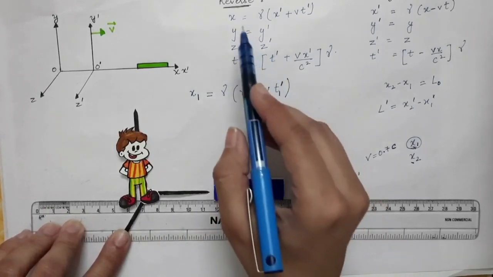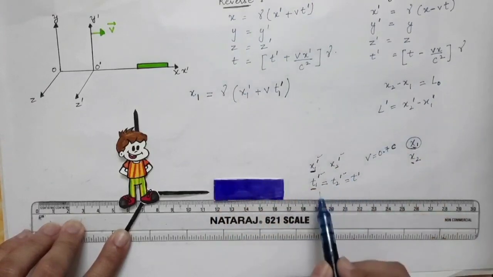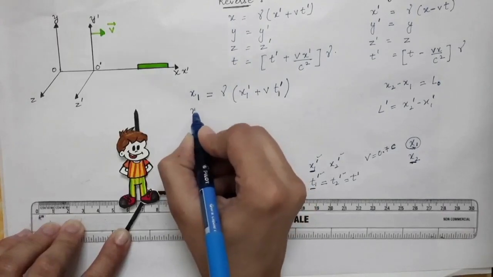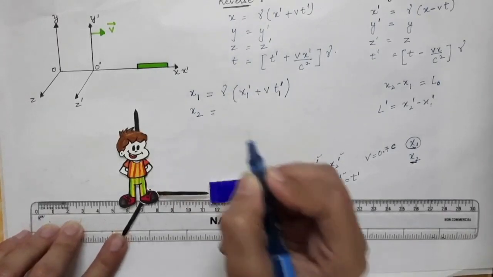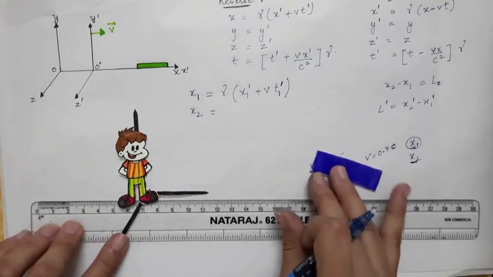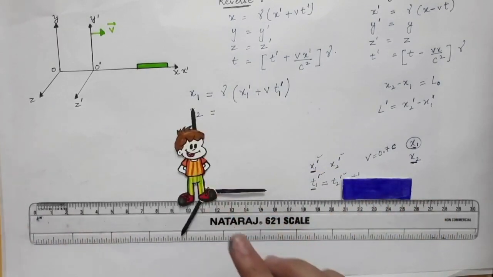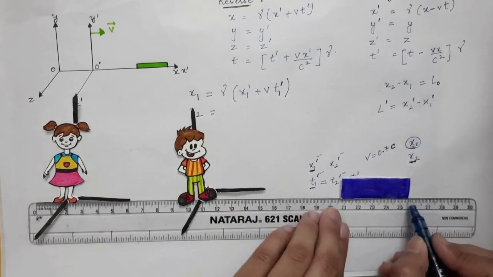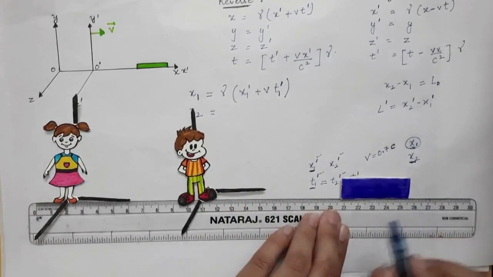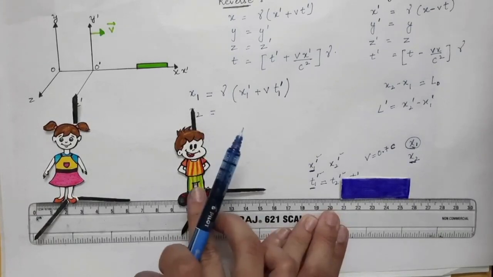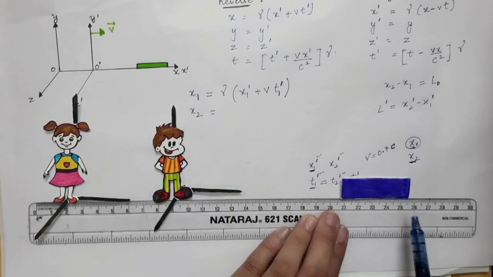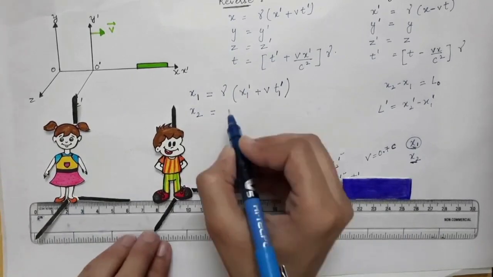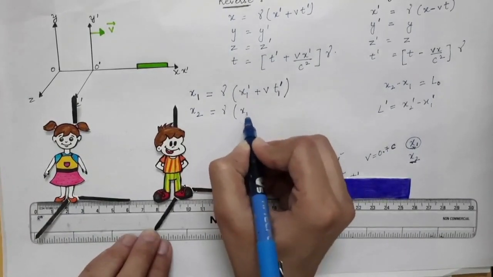Now we will write the same equation for x2 also, the second coordinate of the object. So x2 is the x coordinate of this point with respect to you. So this will be equal to gamma times x2 prime plus v into t2 prime.